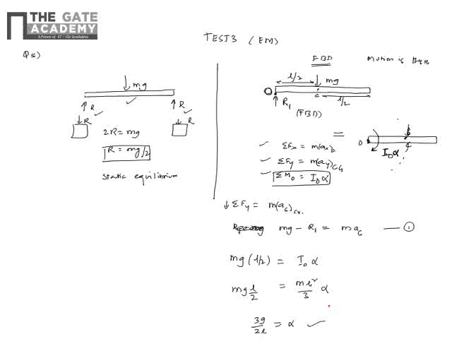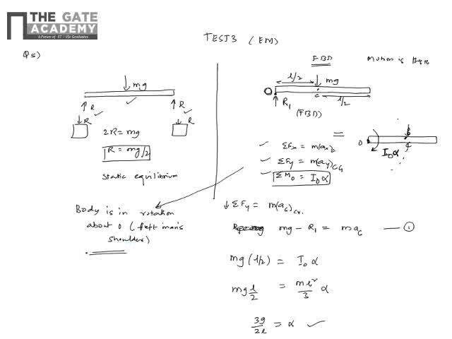Now the body is in rotation about O, which is the left man's shoulder point, or wherever the contact point is.